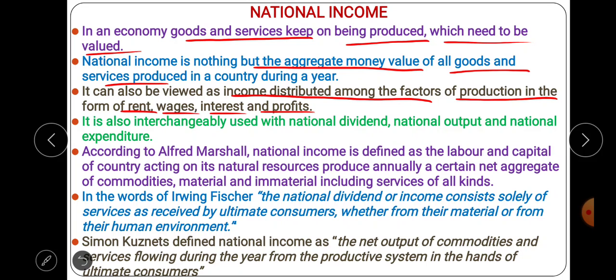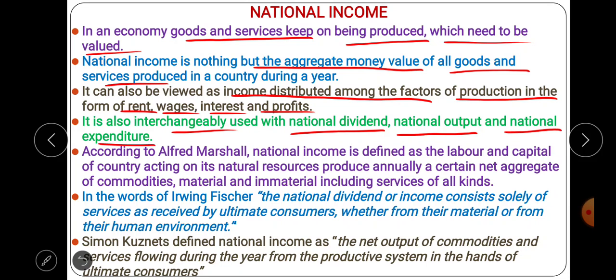With this income distribution we can also calculate national income. It is also used interchangeably with national dividend, national output, and national expenditure.